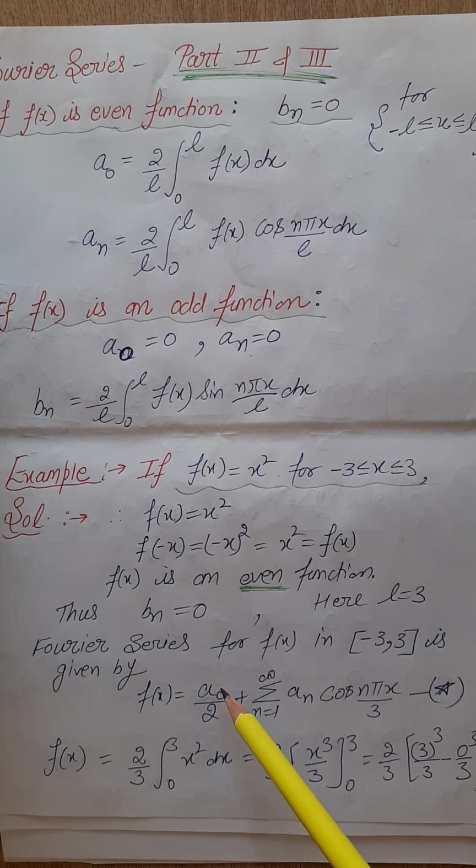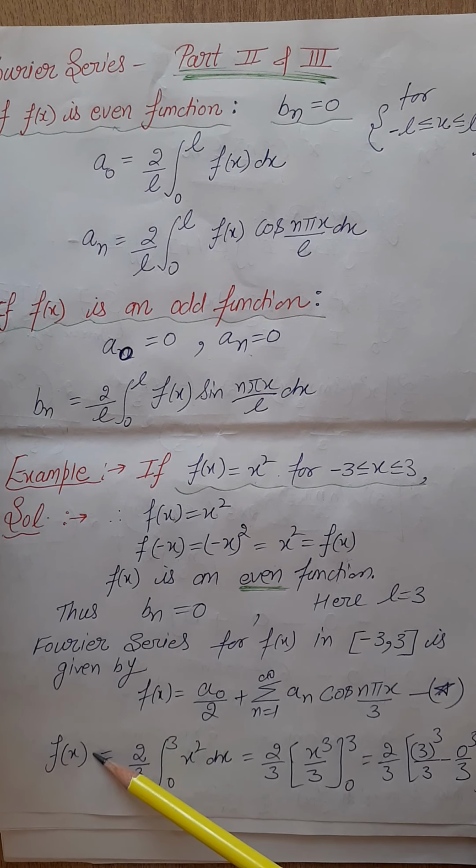f(x) is equal to A naught upon 2 plus summation n from 1 to infinity An cos(n pi x over 3). We can name it as equation star. Now we put these values.